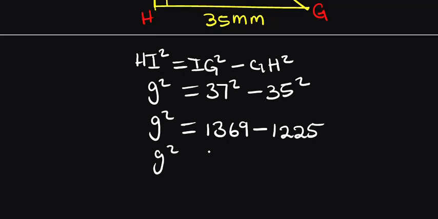Right, g squared is equal to 1369 minus 1225, which is 144. Right, now we need to apply the square root on both sides.